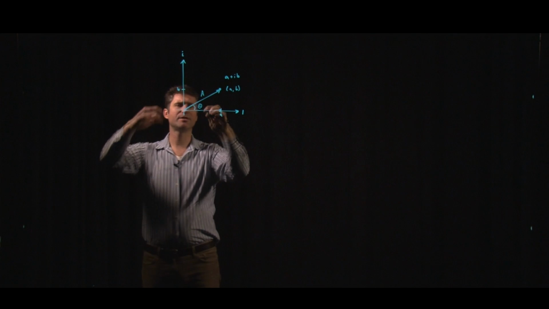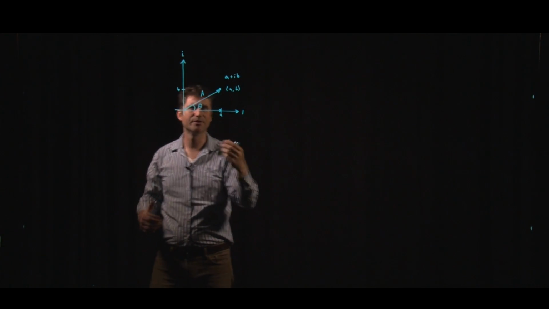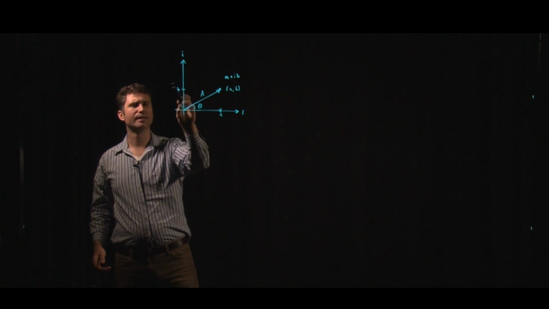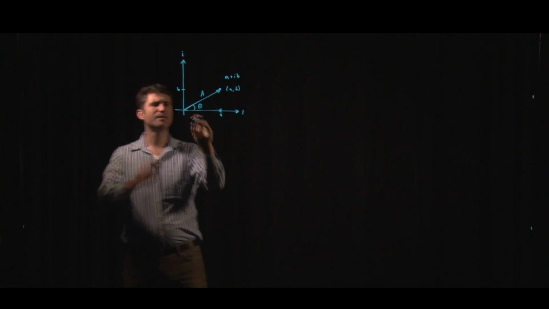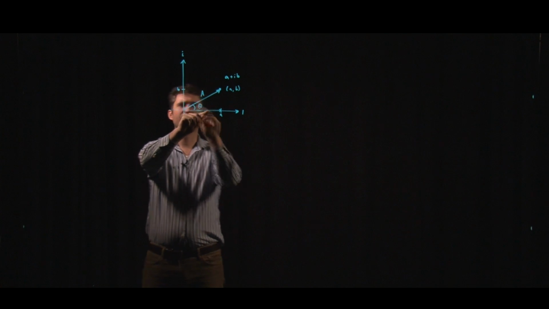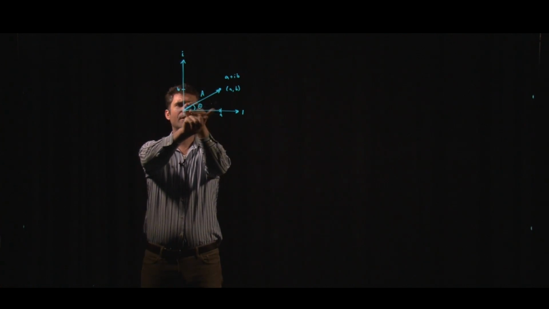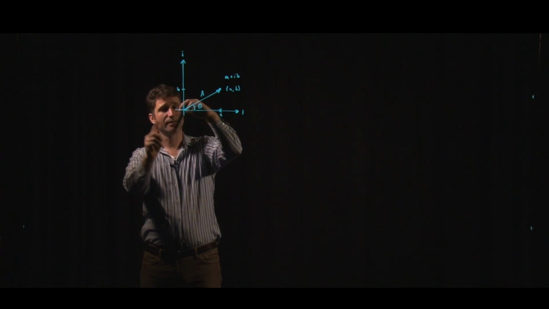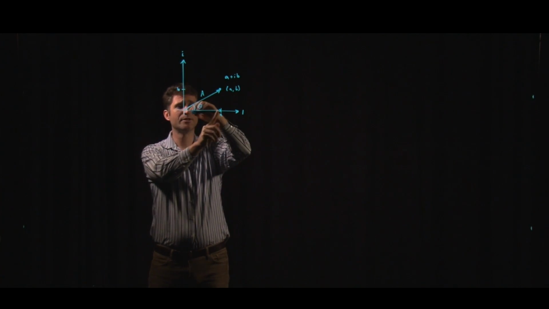If I take the projection onto the real axis of an arrow rotating around in time like this, I would see something that is large and then small, and then large in the negative direction, and then small again, and then large and then small.